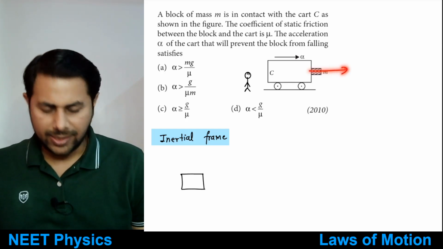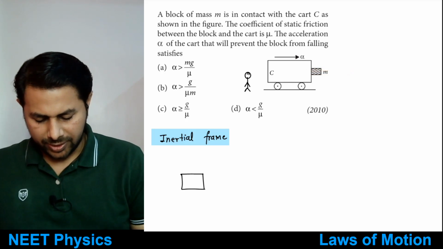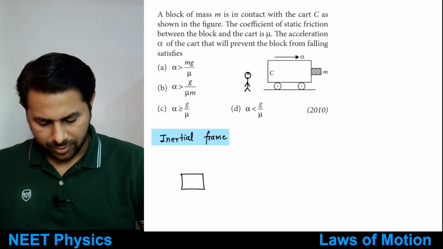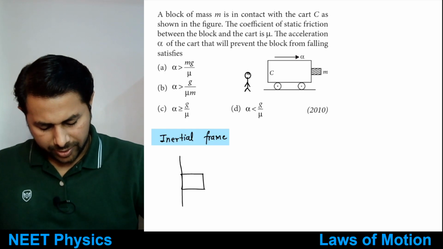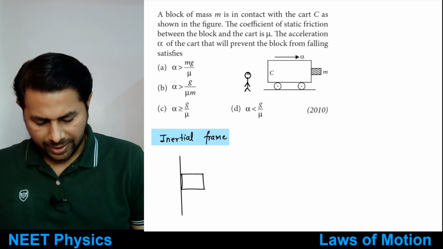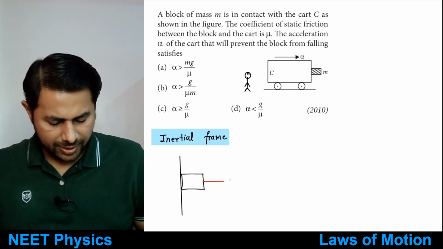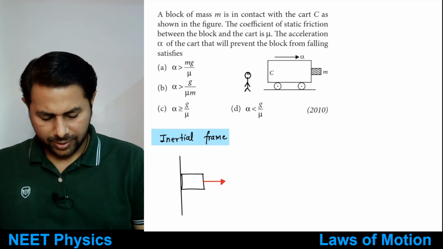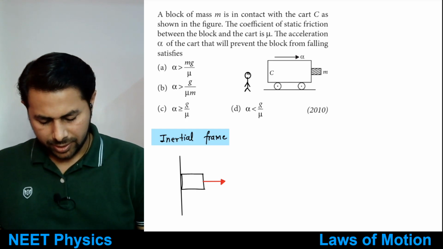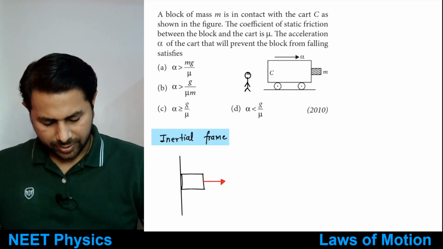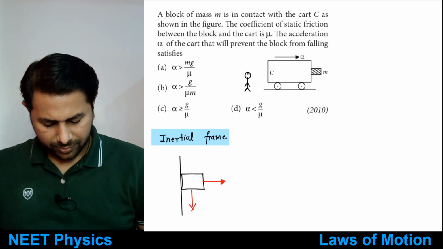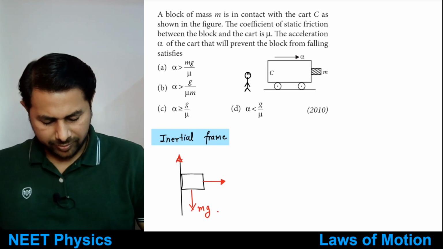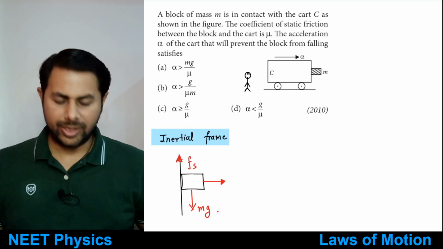One is the normal reaction, which is acting in this direction, and there is its weight acting downwards, so weight is equal to mg. And there is the frictional force between these two surfaces, which is acting upwards, so Fs.